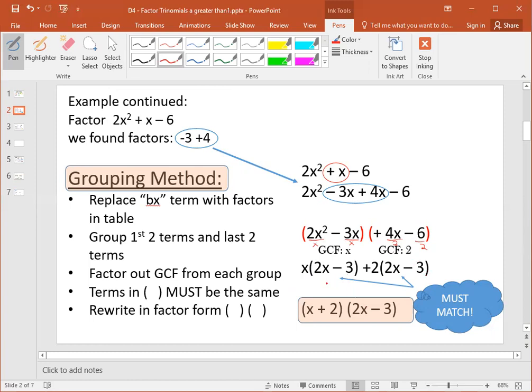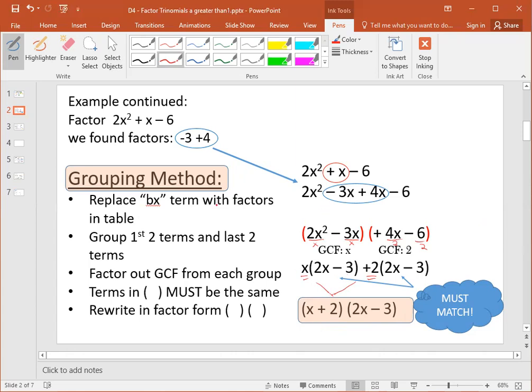Okay, at this point, I now see I have another GCF here, which is the 2x minus 3. So here, this GCF of 2x minus 3 comes out, and that means I am left with x and positive 2, and they come together to form the other binomial.